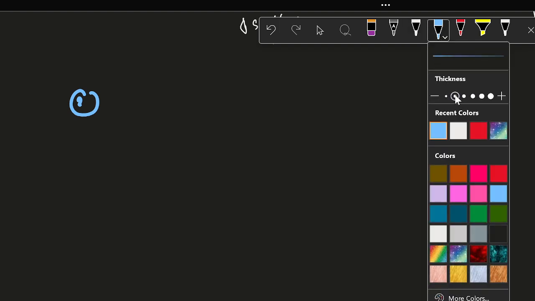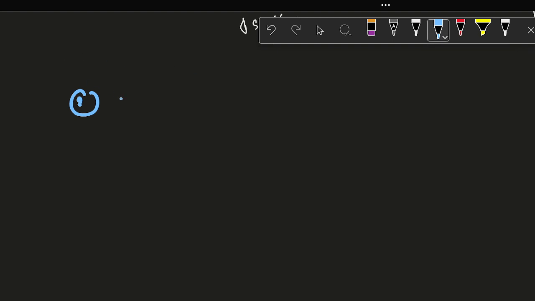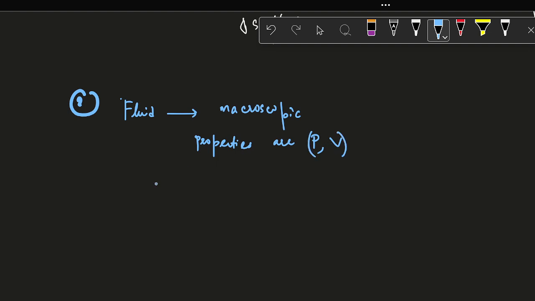For a fluid system, the macroscopic properties are pressure and volume. So this is the macrostate that is representing this fluid system.